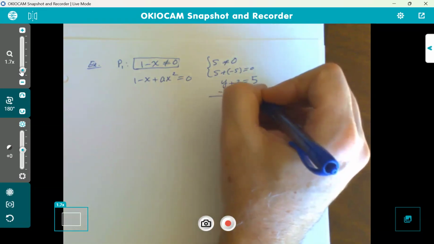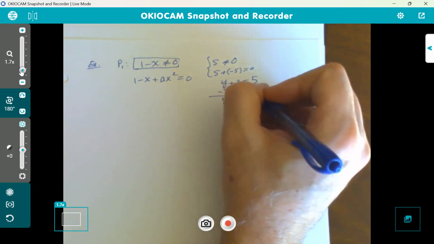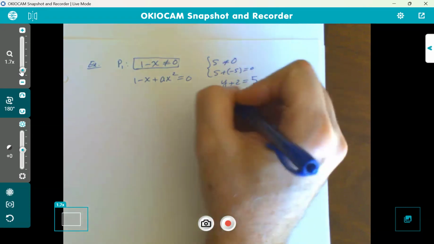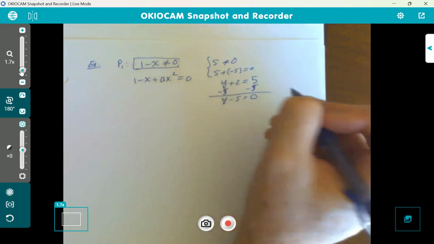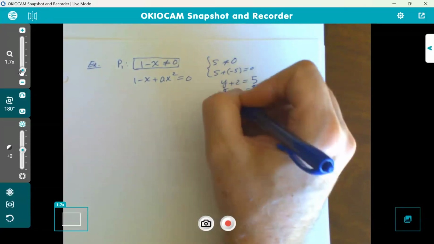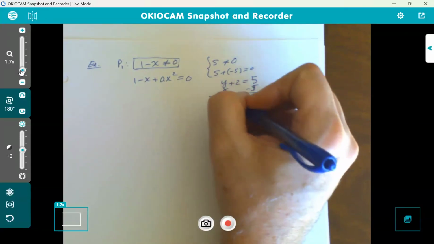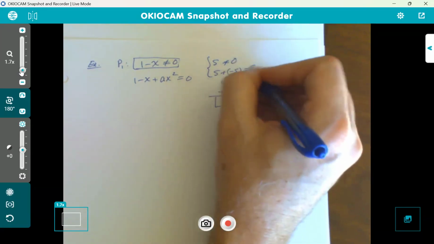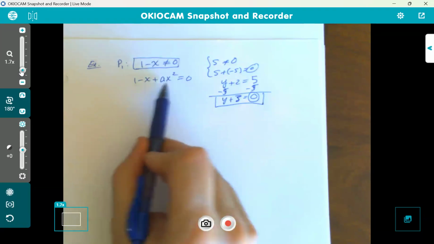How about -5? Yeah, -5. There you go, you get 0. So I added something to both sides and made this 0. Whatever happens to this side, -5 plus 2 is 3. There you go. The key is this, that we can make it equal to 0. So that's what I'm doing here.